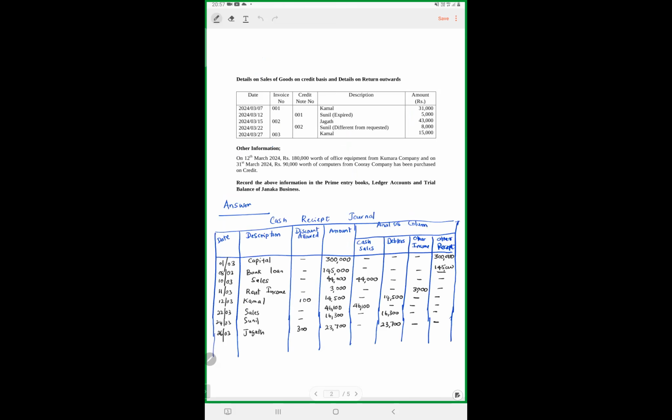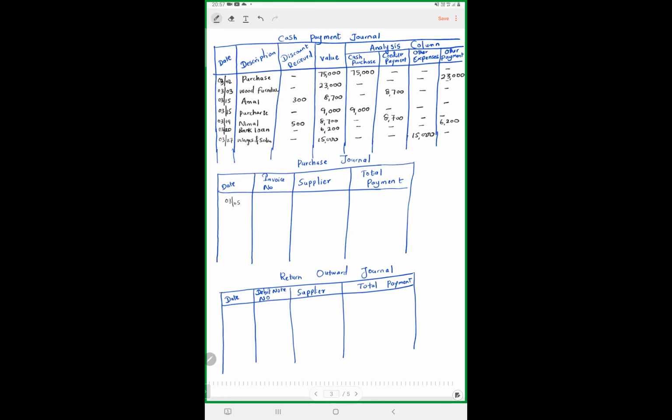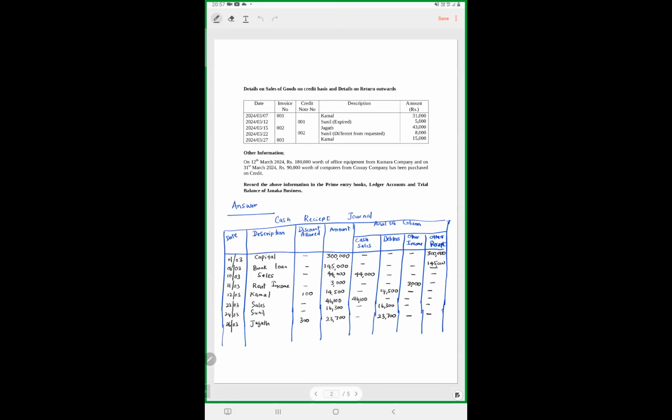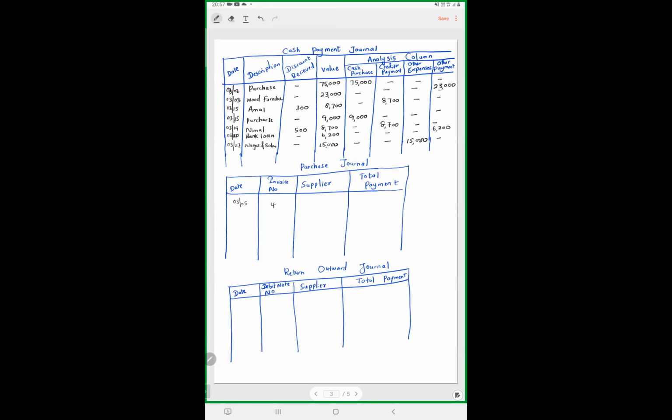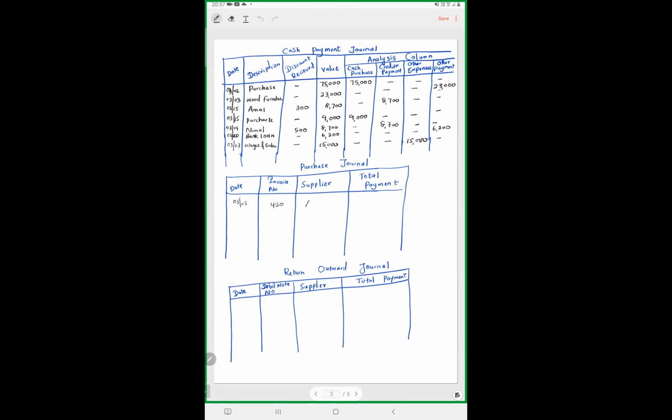So then date 5th March, invoice number 420, supplier Amal, amount is 32,000.